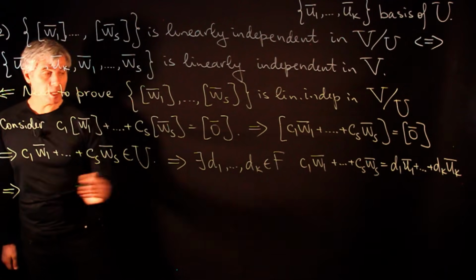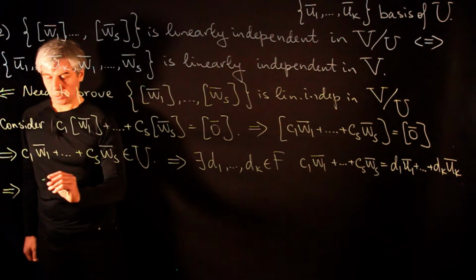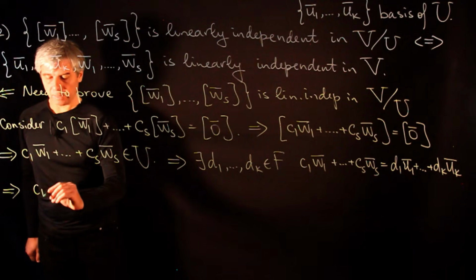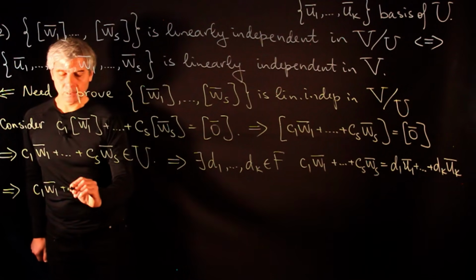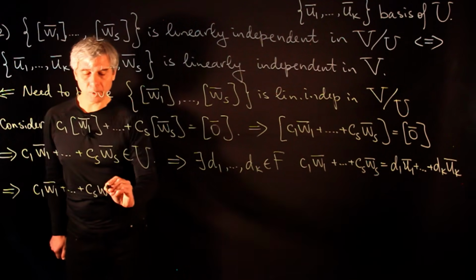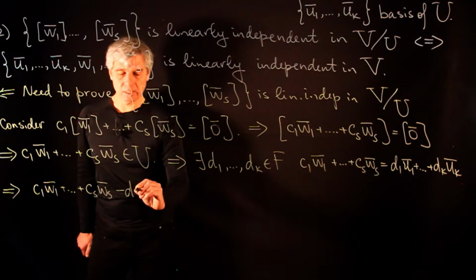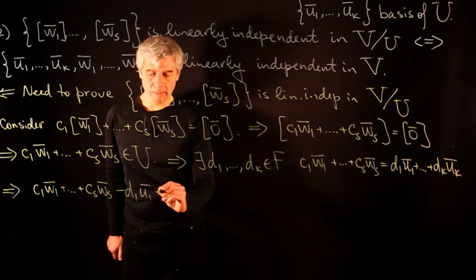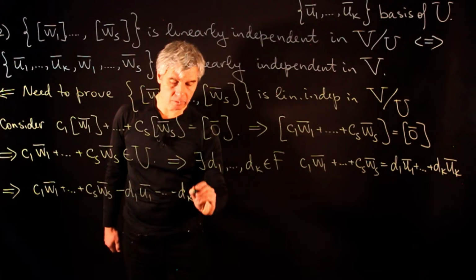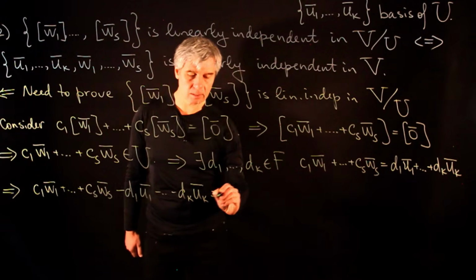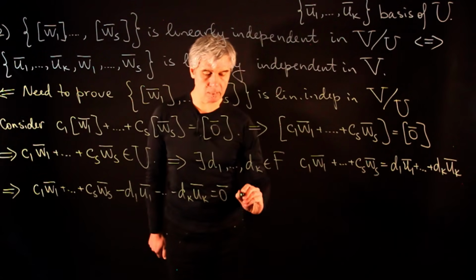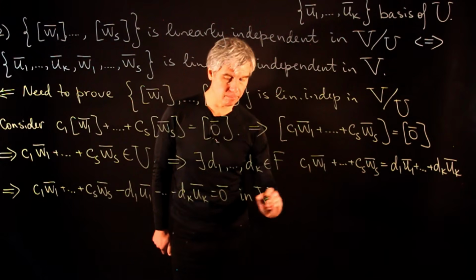And then if we bring everything to one side, we get that C1 W1 plus ... plus CS WS minus D1 U1 minus ... minus DK UK is equal to a zero vector. And this equality holds in V.